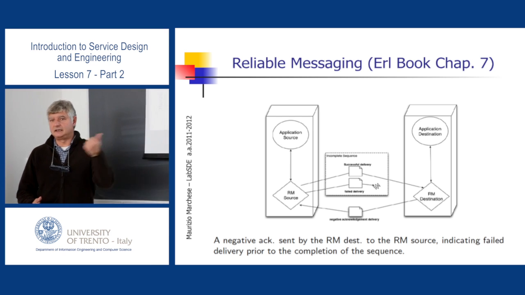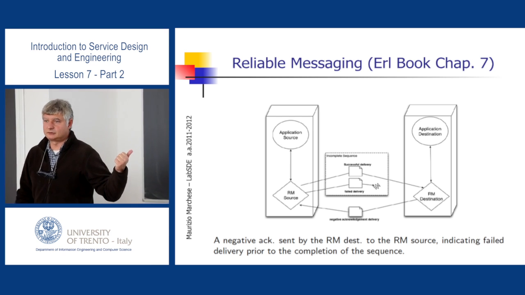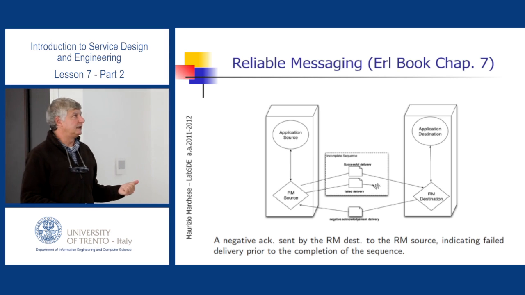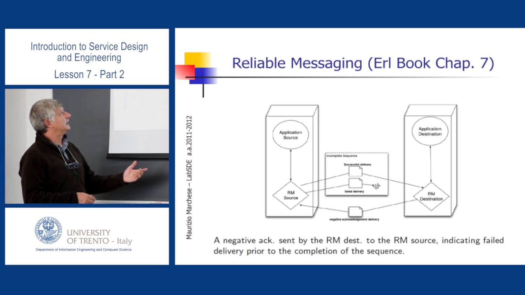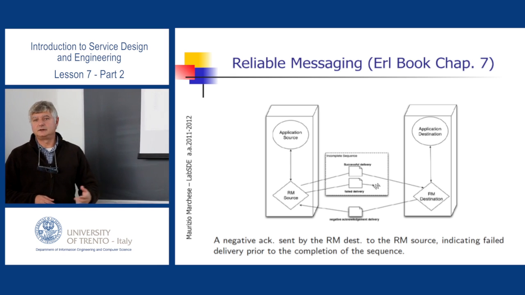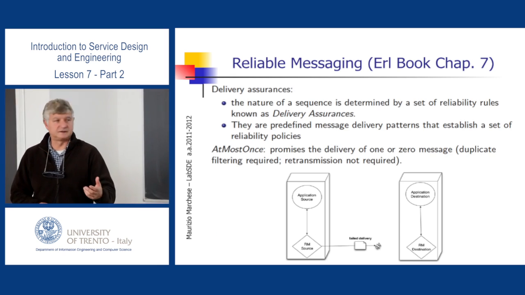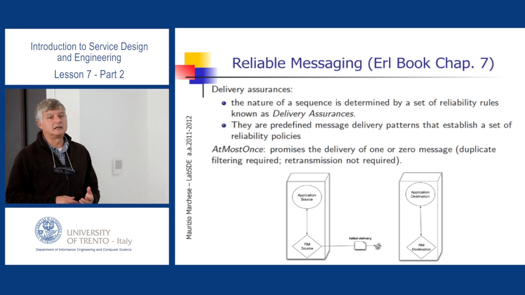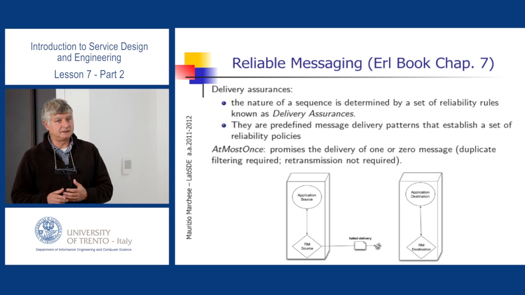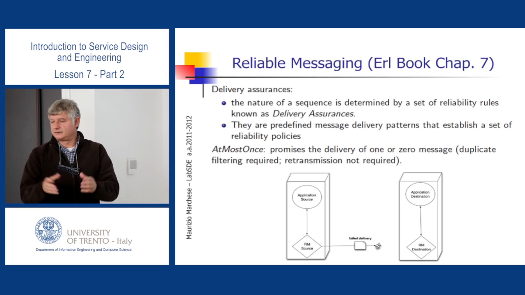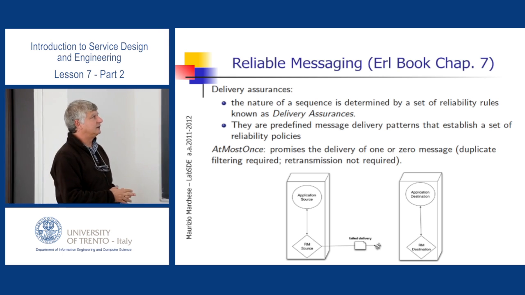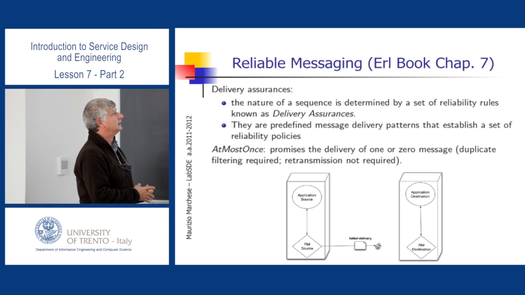First of all, you can check that a message has arrived, and that was the previous case with just an acknowledgement. Then you can check some other specific cases, such as at most once. There is a kind of contract, a promise, that the delivery can be of one or zero messages. These are types of reliability of the messages.